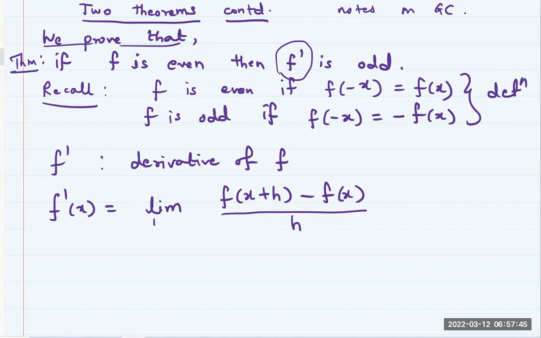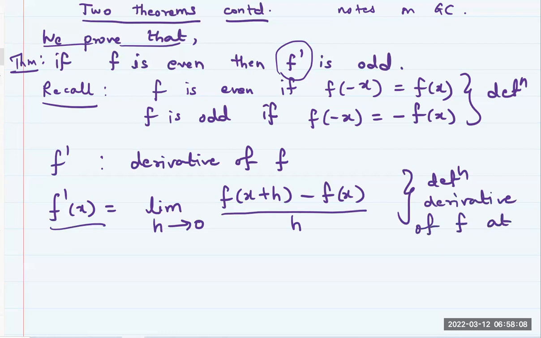If the limit of this ratio exists, then the function is differentiable and the limit is denoted by f dash x.